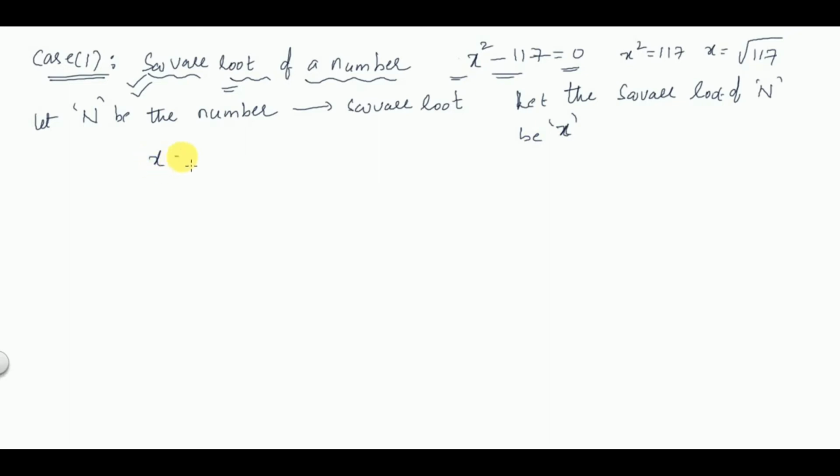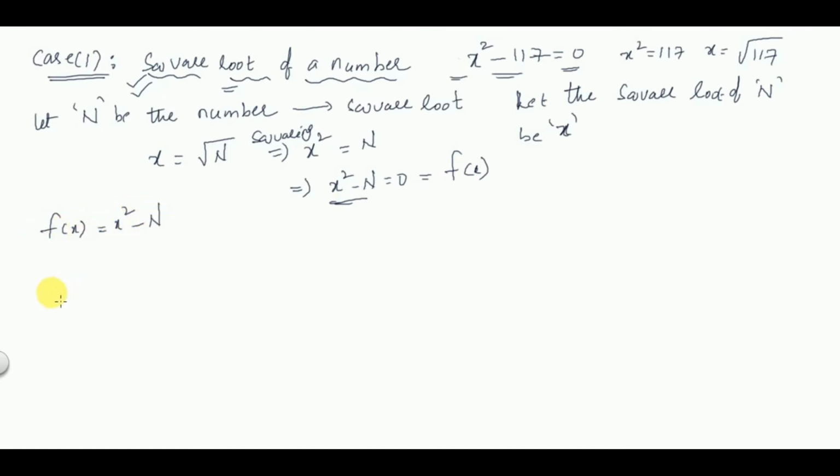That is, x is equal to square root of n. Squaring on both sides, you will get x square is equal to n, and similarly x square minus n is equal to 0. Let this be f of x. Therefore f of x is equal to x square minus n.